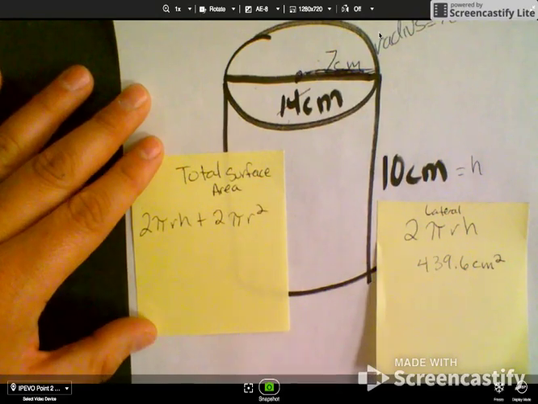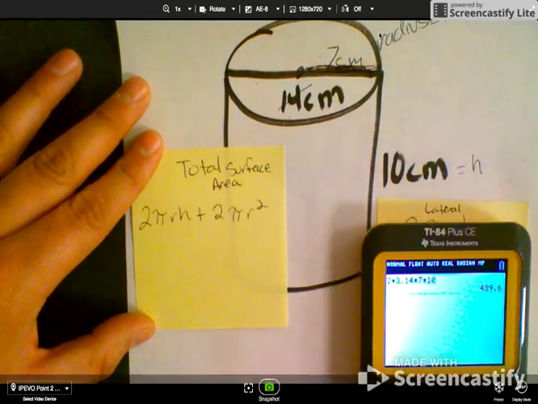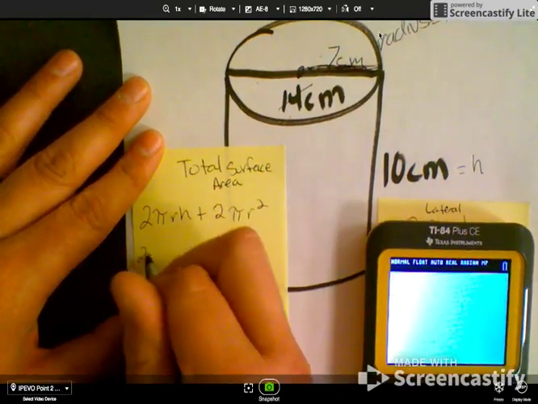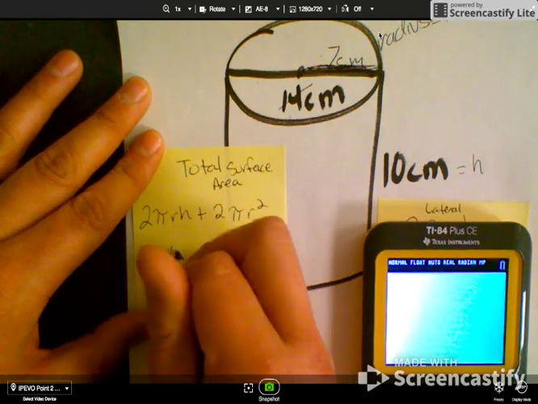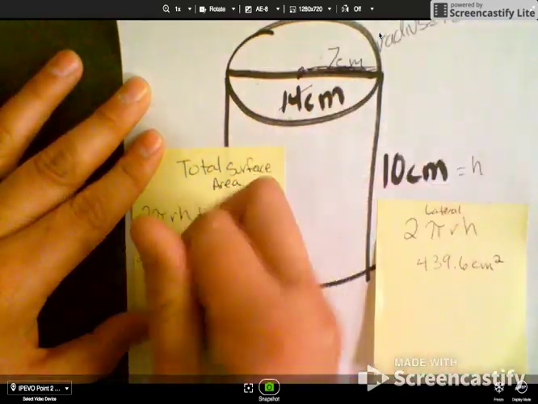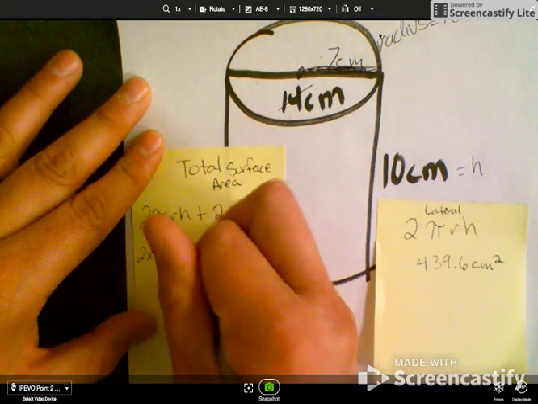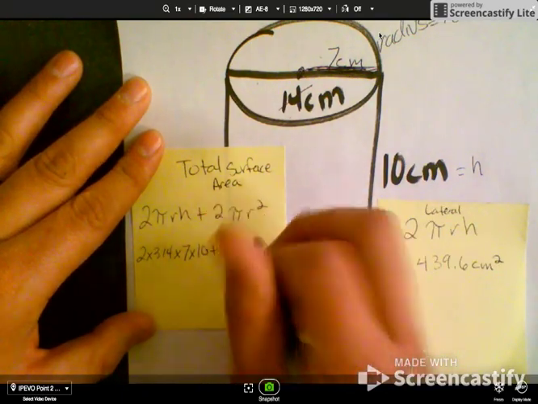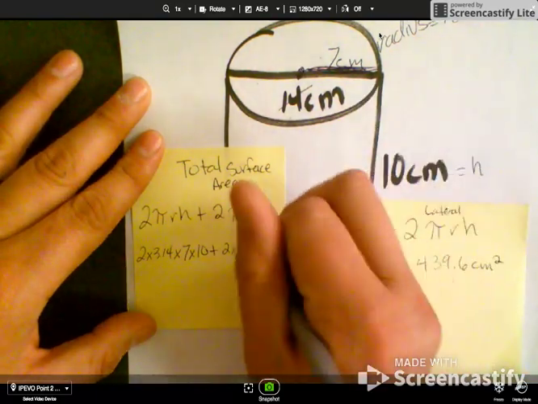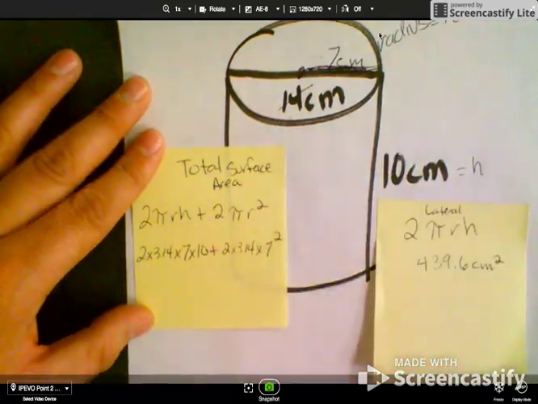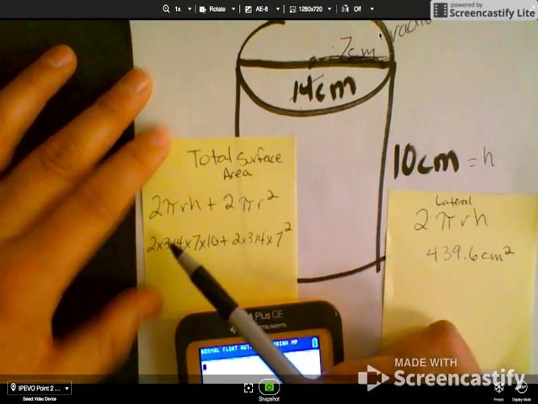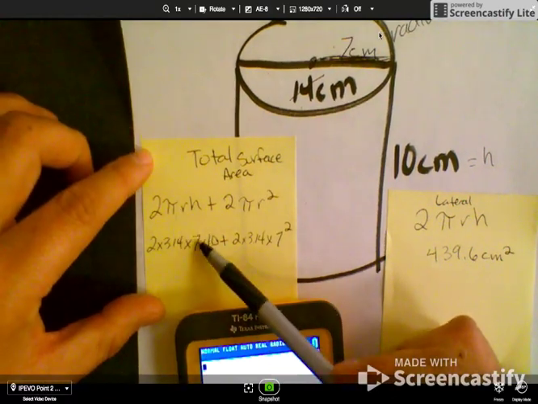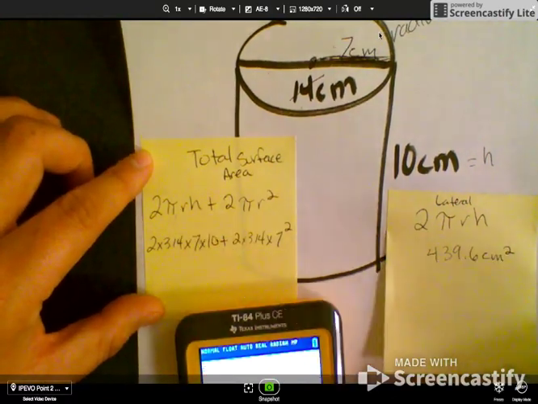Well, I just plug in the information. 2 times 3.14 times, well, my radius was 7, times my height of 10, plus 2 times 3.14 times, well, my radius is 7 squared. So I have my pi, I have my radius, which is 7, my height of 10.